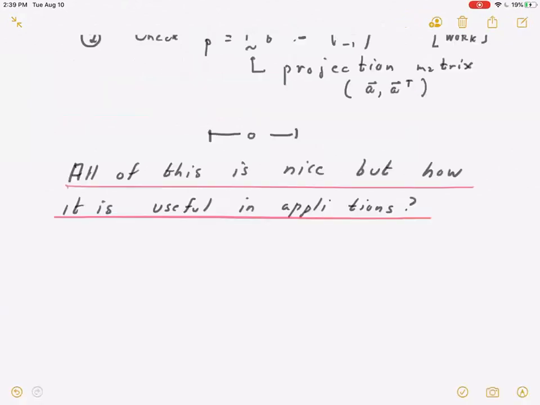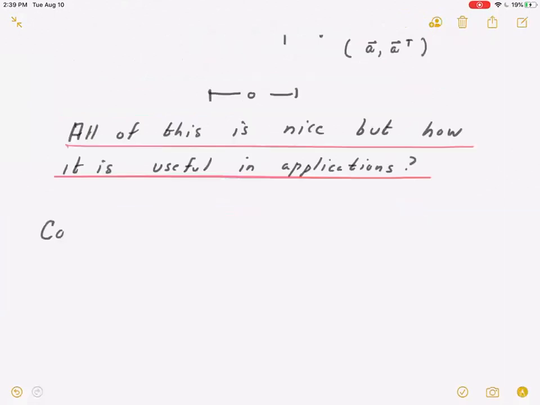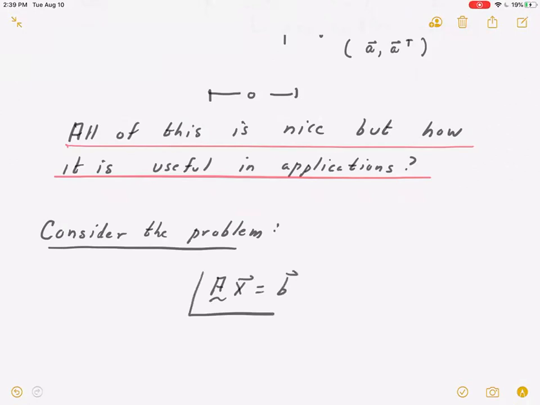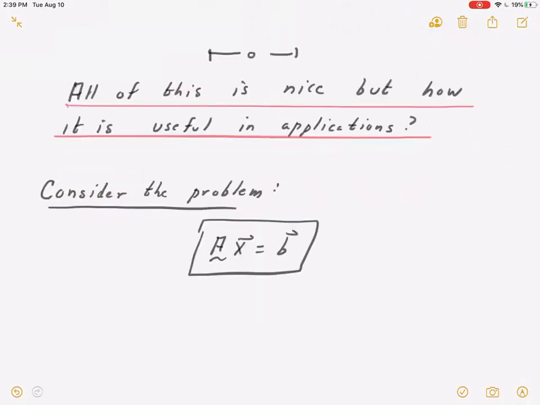Okay, so let's go back to a problem that we looked at back in lectures 4 and 5. So we want to solve a system of linear equations simultaneously, and that reduces just to solving this matrix equation, where you have a matrix A that is known.